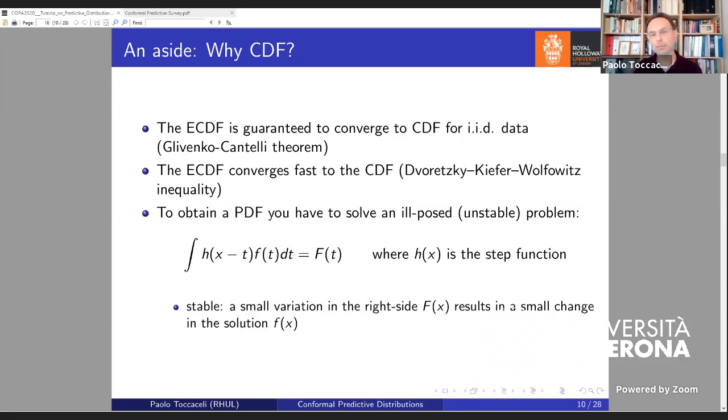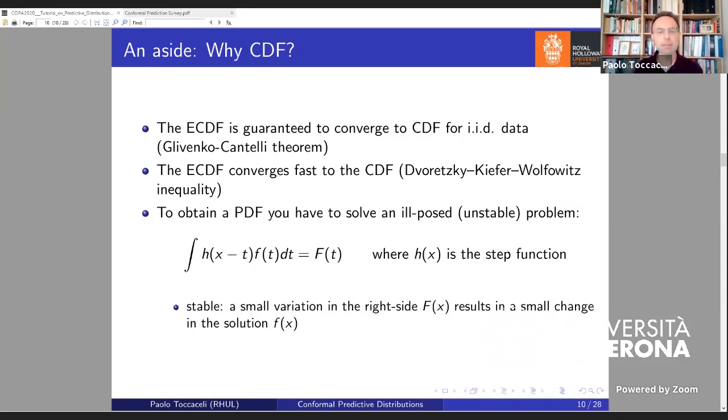And then the problem is that you could view the probability density function as a sort of derived notion that you can obtain by solving an ill-posed problem. One way of stating the problem is by means of this integral equation that is known as a Fredholm equation of the first kind. The problem is that this formulation, or other equivalent formulations, are not stable.